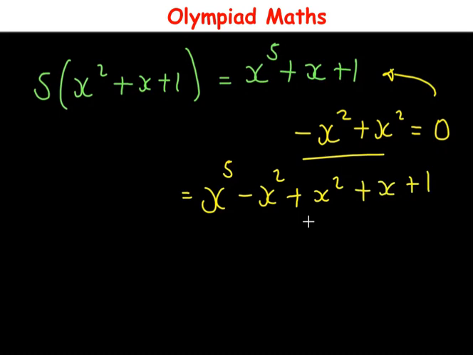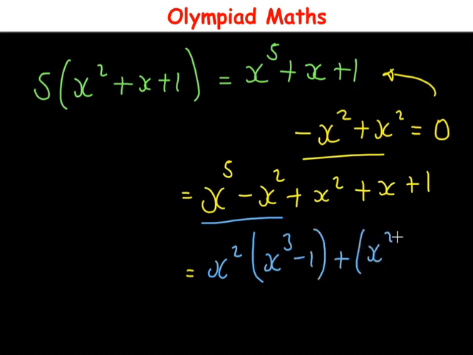Looking at this, it will not change the equation because the value equals 0. From here, we can factorize out x^2, such that we are left with x^3 minus 1, then plus x^2 + x + 1.